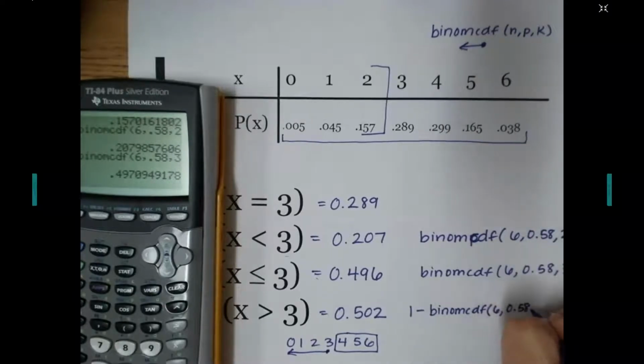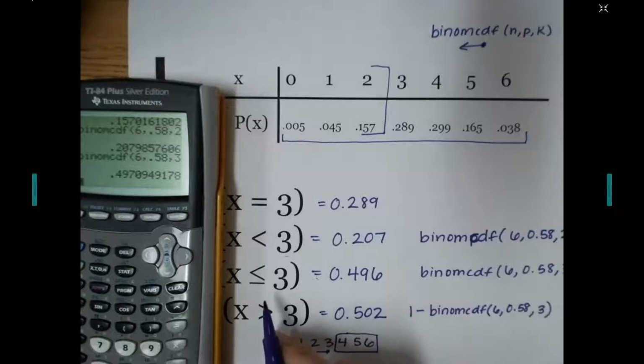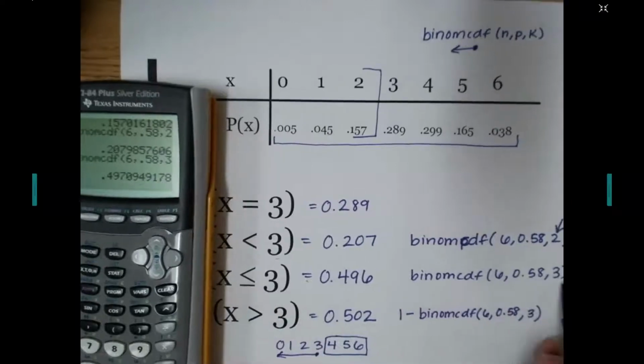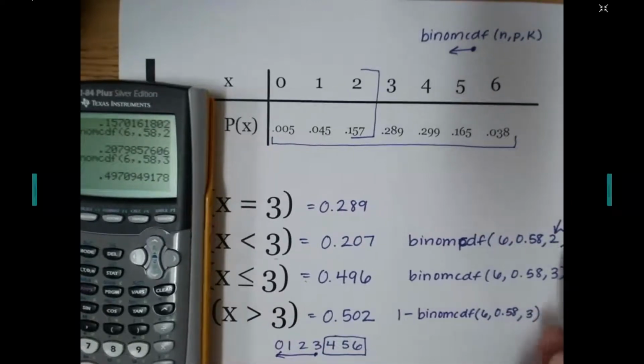Probability of success is still 0.58. But what I don't want is 3 and back. So when it's below a certain point, the number I put here is the highest number I want to include. When it's above, draw your number line, circle what you're looking for, and you're subtracting away the highest number you do not want to include.